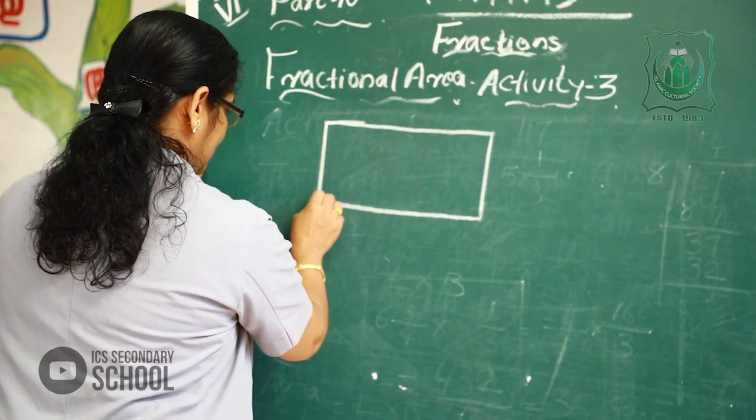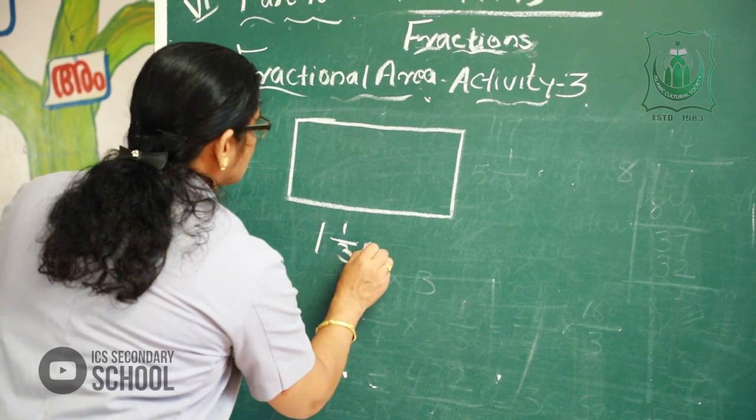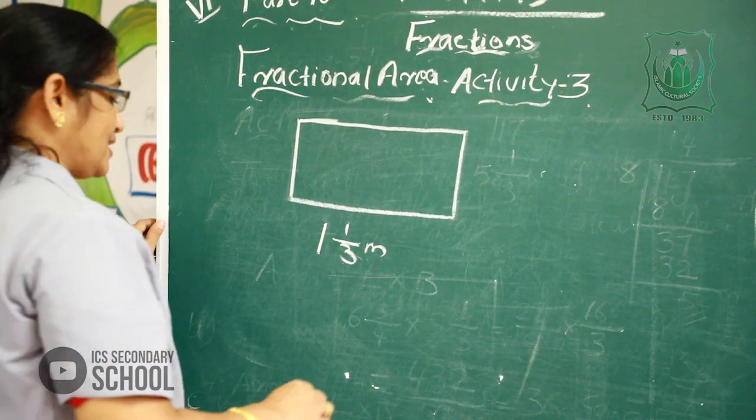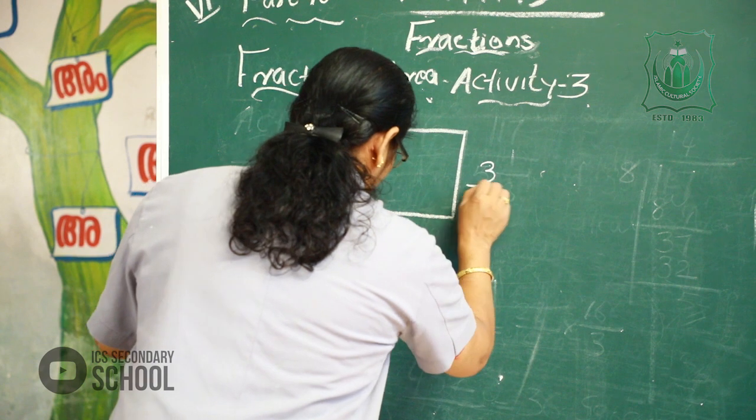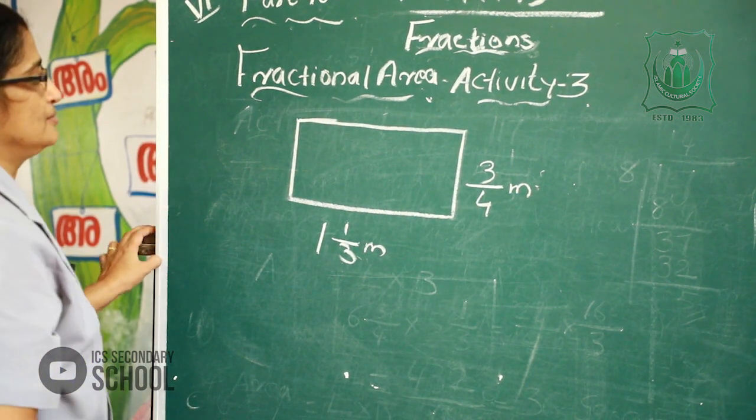Next activity number 3. A rectangle has length 1/3 meter and breadth 3/4 meter. Find the area.